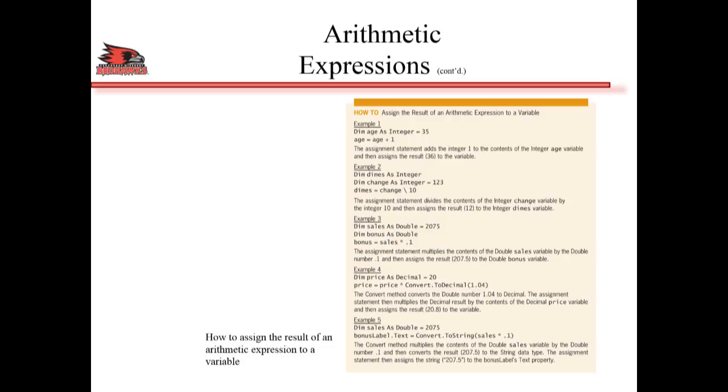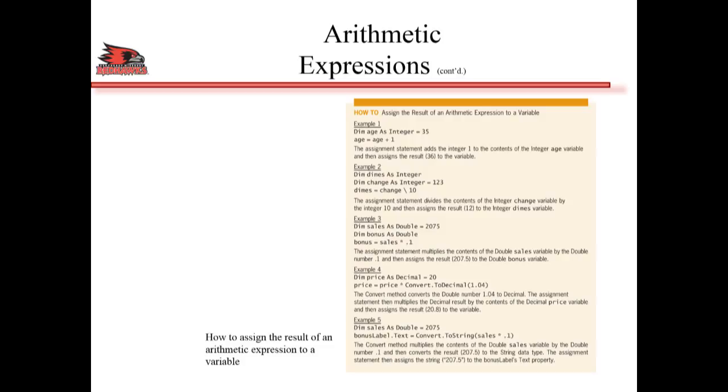Another interesting example is that of example 4, where you have 1.04, which is a double type of value. You want to convert that to a decimal. To perform an operation on that variable called price, which has a value of 20, you can't multiply or do any sort of arithmetic operation on two different variable types.